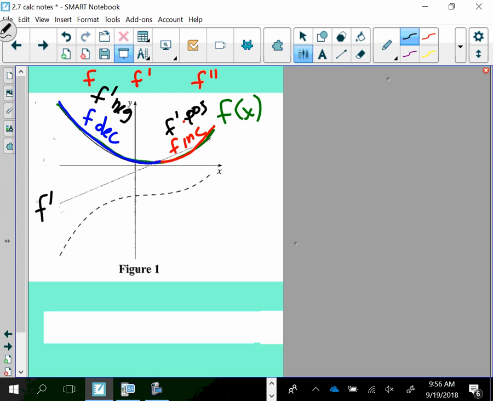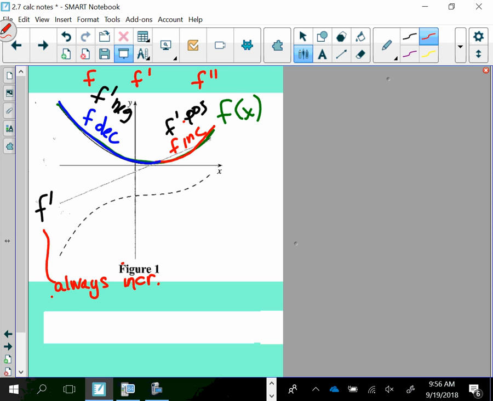Except, wait, we have one hanging out here. Now let's look. What do you know about F prime as far as increasing and decreasing? This right here, what do you know about it? It's always increasing. Good job. Always increasing. So that means what?